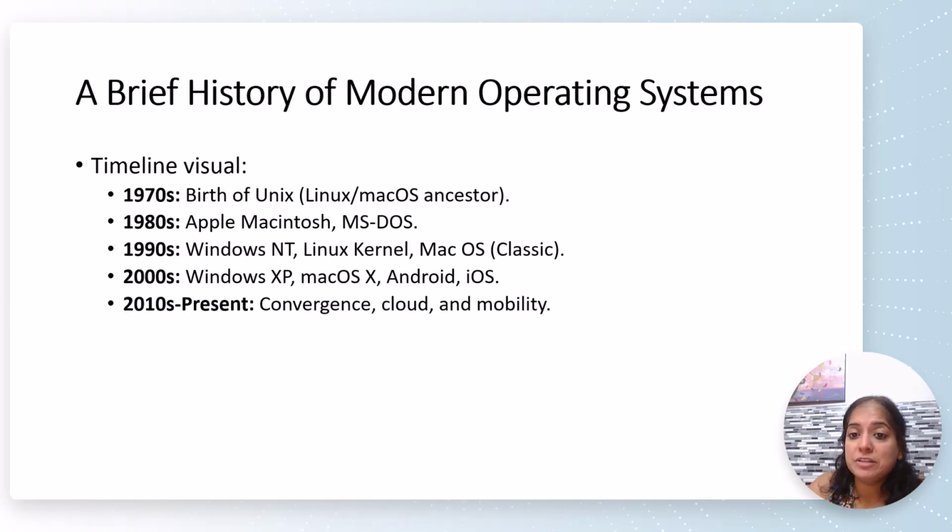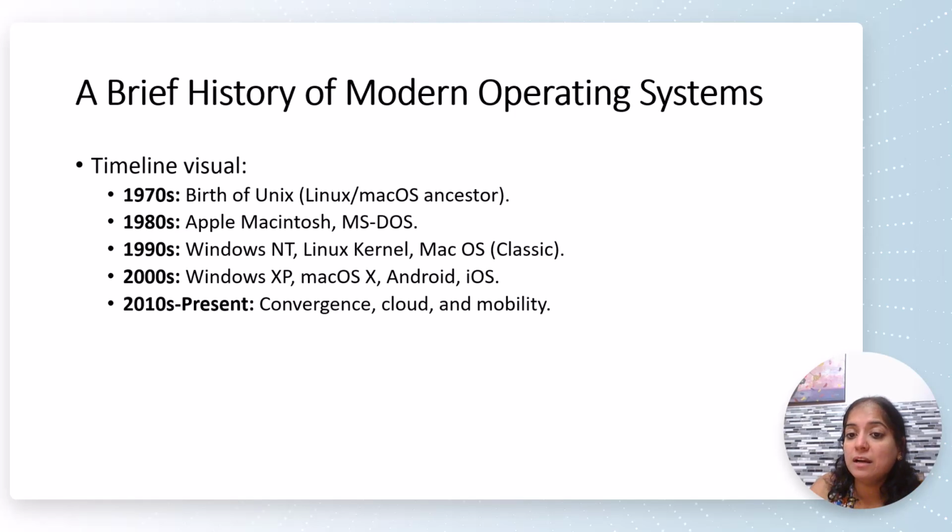So, a brief history of modern operating systems. Context is key, actually. This timeline shows the lineage. Notice that Linux and macOS share a common ancestor in Unix from the 1970s, which explains many of their structural similarities.